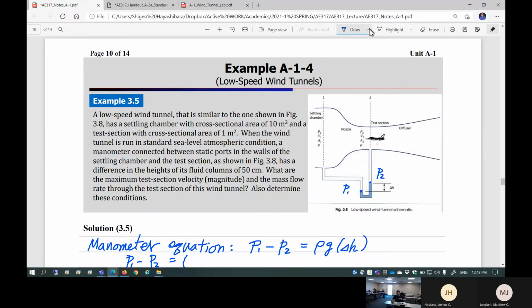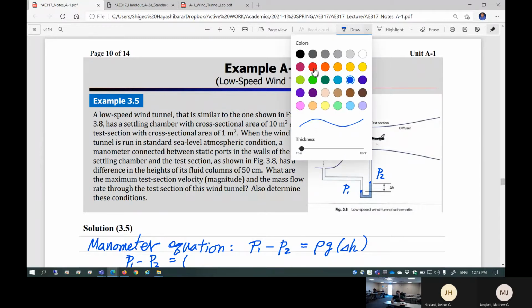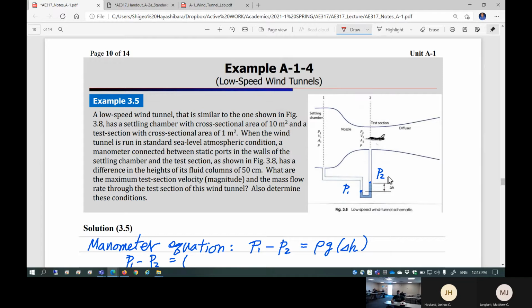Again, this is the fault of the textbook also, which is essentially from the Air Force Academy. This is water, okay? Let me just add water. Of course, water. It's common sense, inches of water. That's what you use, right? Whenever you talk about how fast a wind tunnel can go, you always use inches of water.